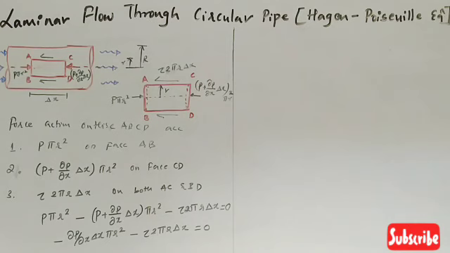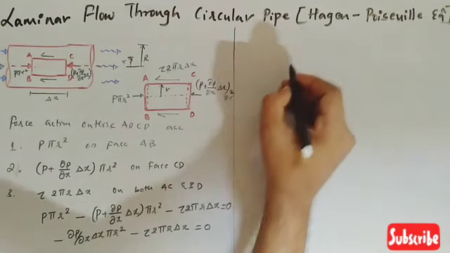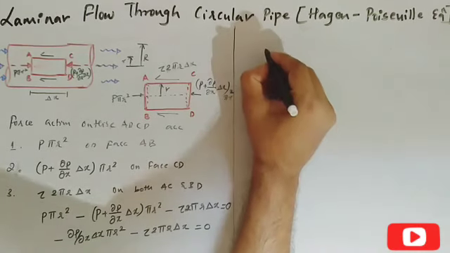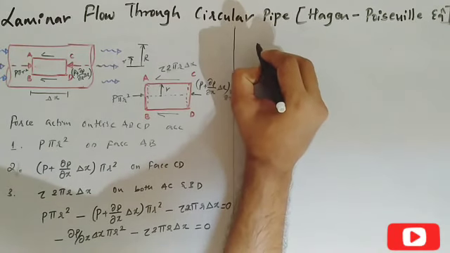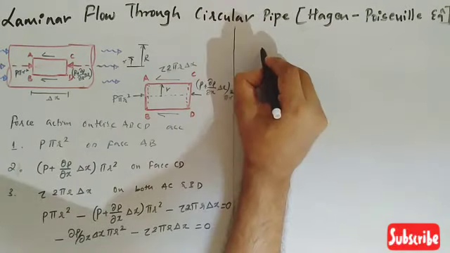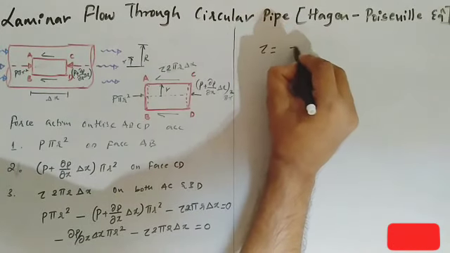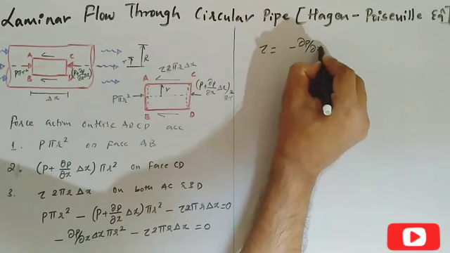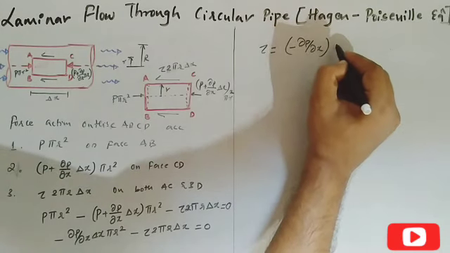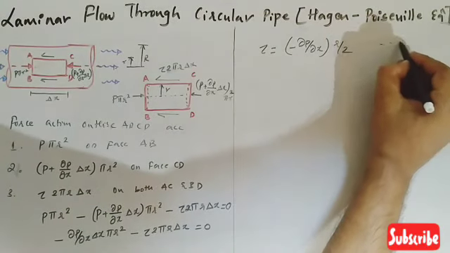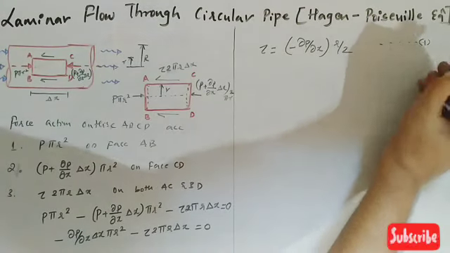Now if I rearrange the terms, I will get the shear stress tau equals minus dou p by dou x into r by 2. This is equation 1.